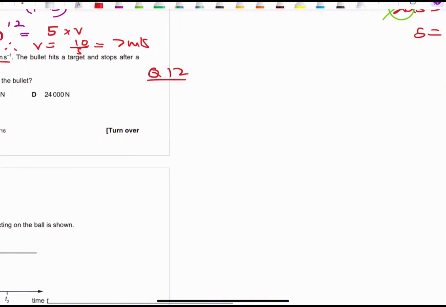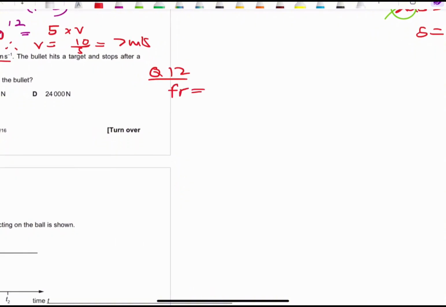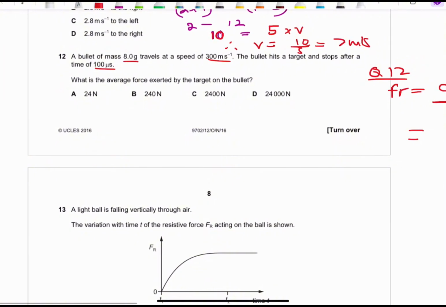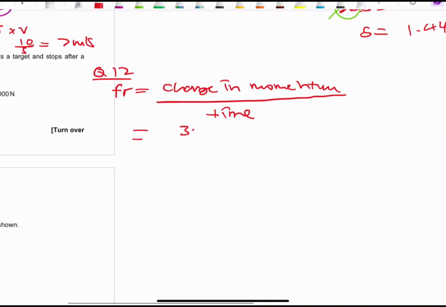With question 12, we know that the resultant force is the change in momentum divided by the time that has been taken. So my momentum was once 300 multiplied by the mass, because remember, momentum is m delta v.